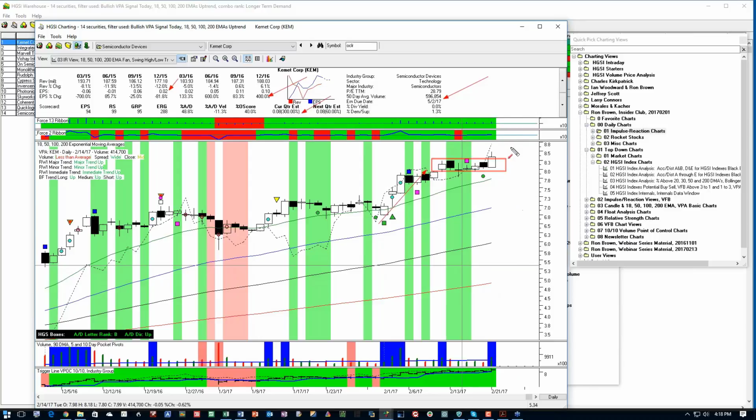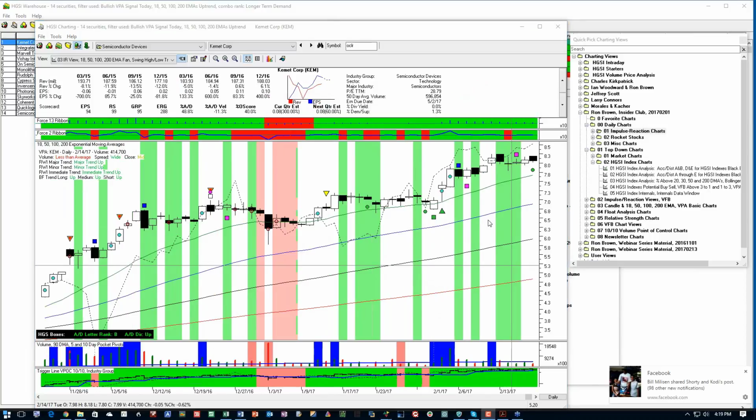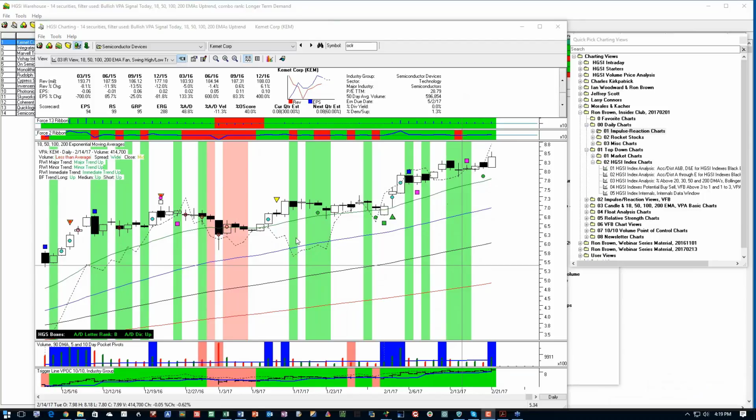Now, I didn't like the way it gave back a little bit from midday on, I think, but the trade's still intact. And you can see there's pocket pivots where the VPOC fired clear back here. So lots of good signals on this. And this is a tight chart. I love these tight charts.